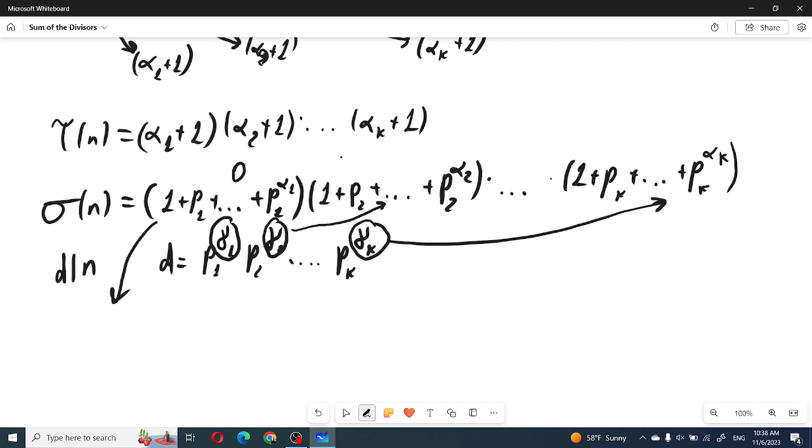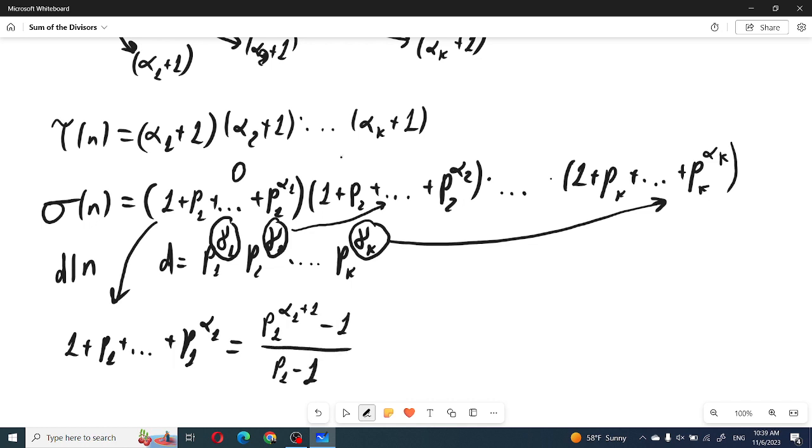If we imagine this as a geometric sequence 1 plus p1 up to p1 to the alpha 1 power, clearly this equals p1 to the alpha 1 plus 1, minus 1, over p1 minus 1. If we expand this one, we get this. This is clearly the formula of the geometric sequence. Or if we expand this one, we will see that these two things are clearly equal to each other.